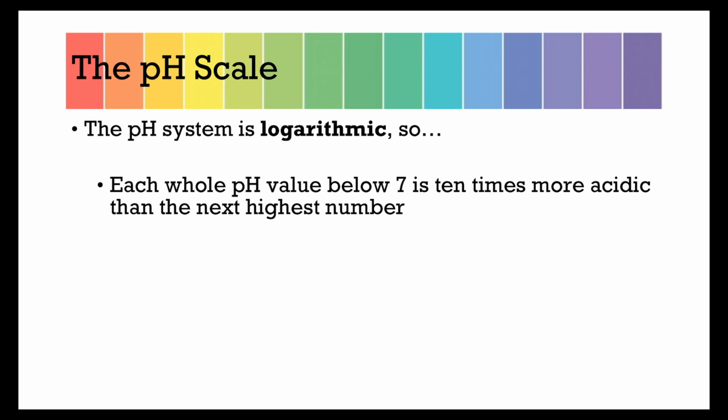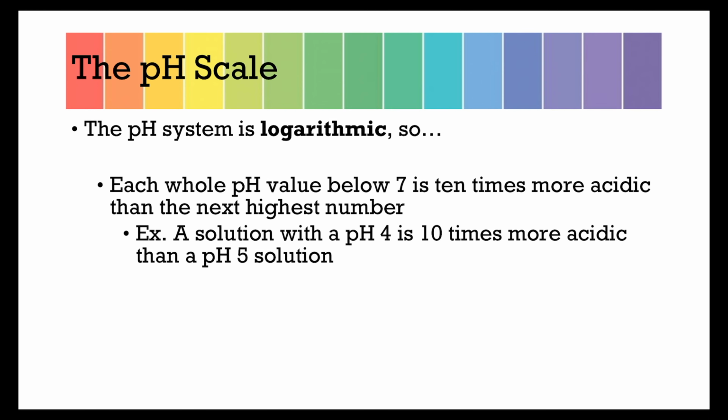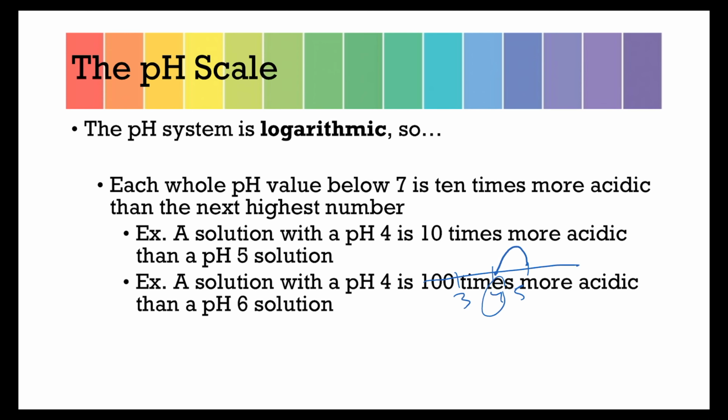Okay, so again, the pH scale is logarithmic, so each pH value below 7 is 10 times more acidic than the next highest number. So again, what this means, here's your 3, 4, 5 scale. If you go from 5 to 4, yes, that's 1 pH jump, but 4 is 10 times more acidic than 5.